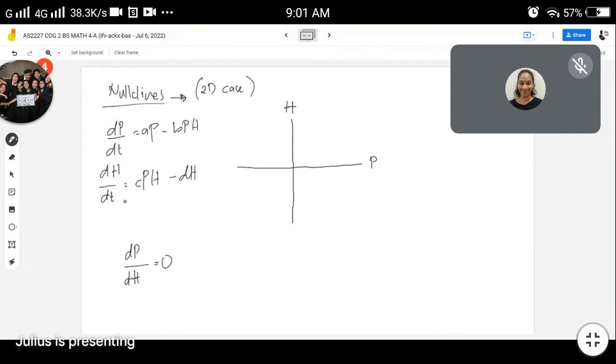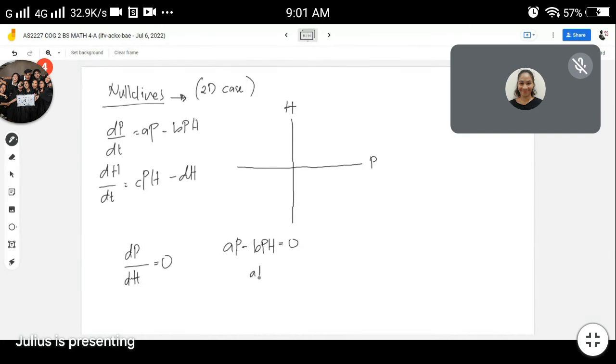So when you equate this to 0, kuha mo ang value ni P in terms of H or H in terms of P. In this case, since H man ang naadiri sa vertical, then this will be better if H in terms of P. Okay? So for example, when we set this to 0, we'll have AP minus BPH equals 0.